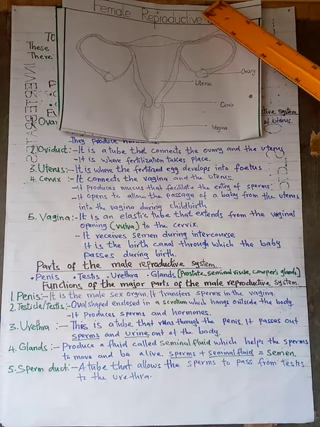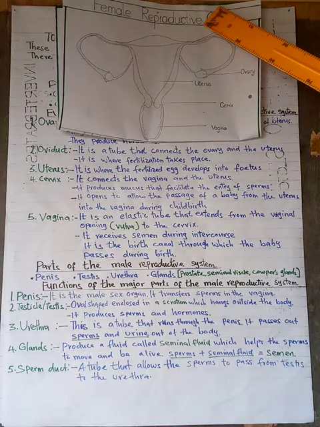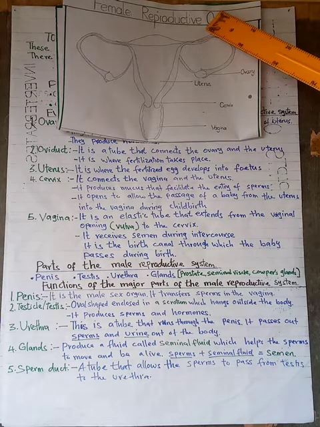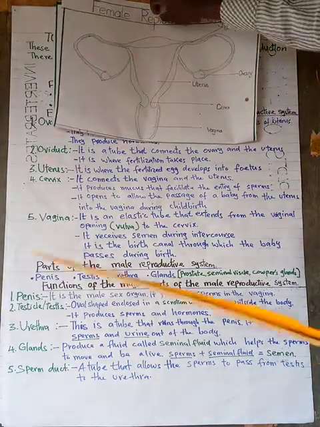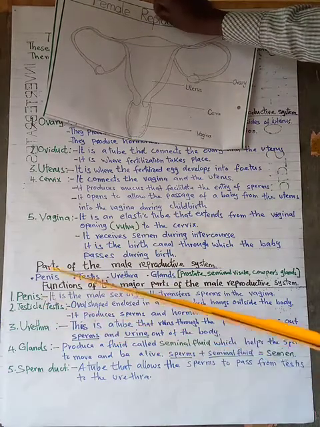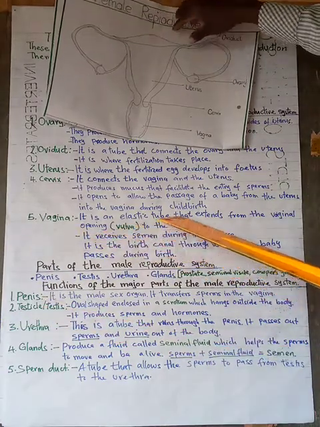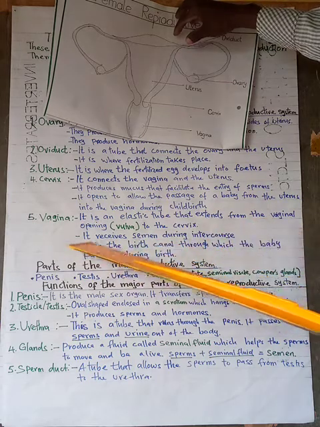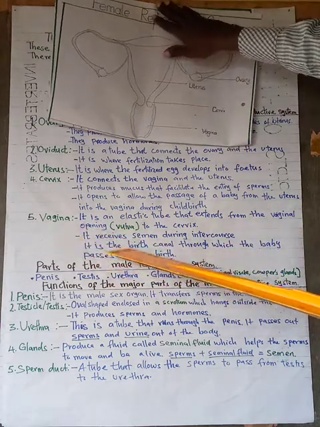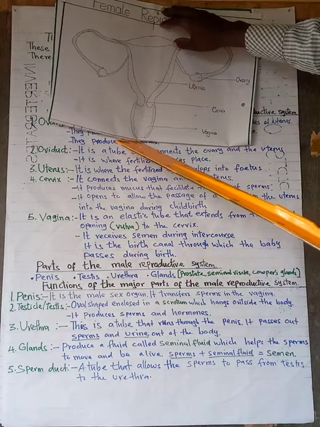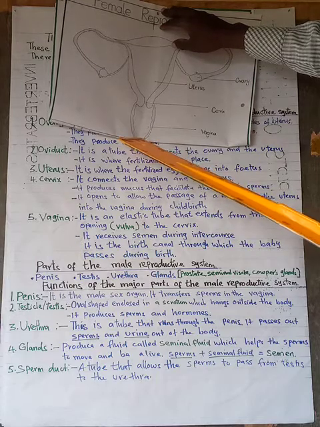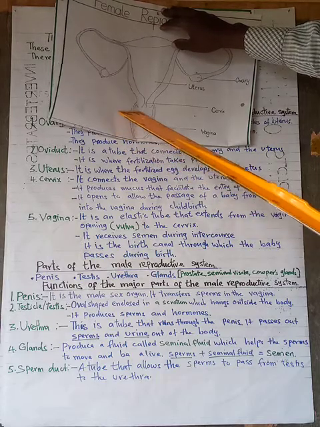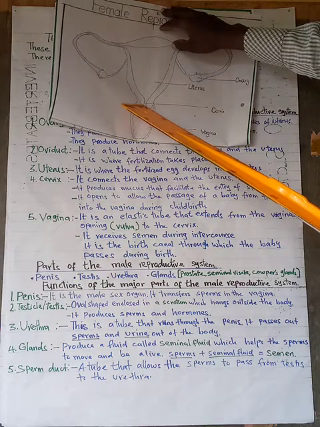The vagina is an elastic tube that extends from the vaginal opening, the vulva, to the cervix. And this is the cervix.